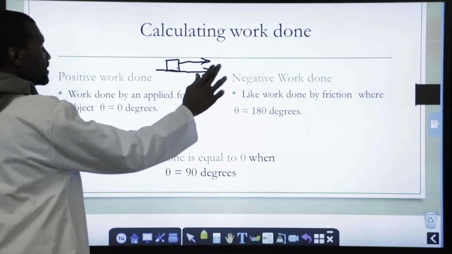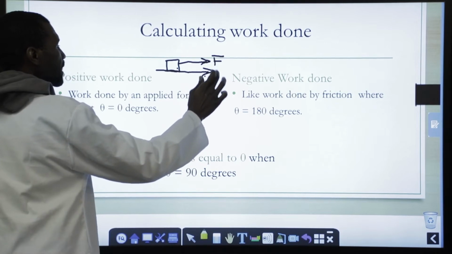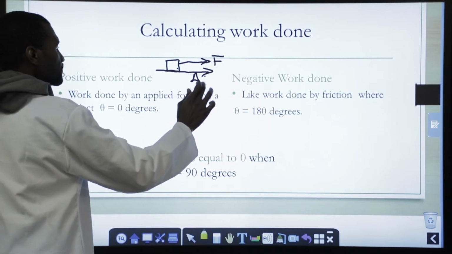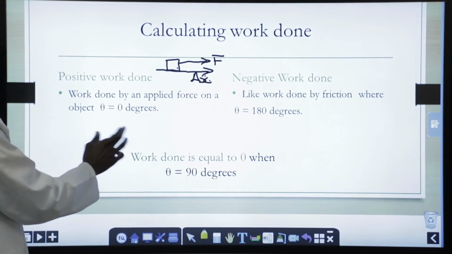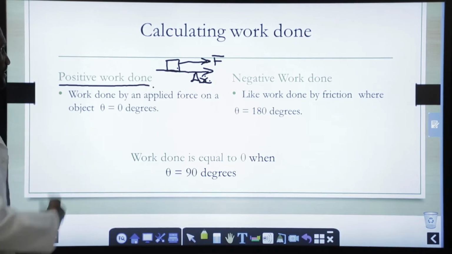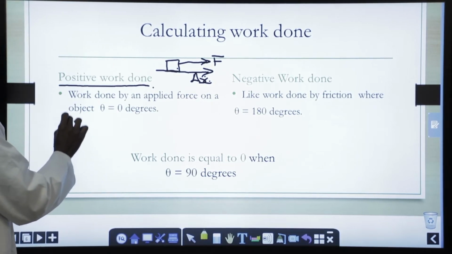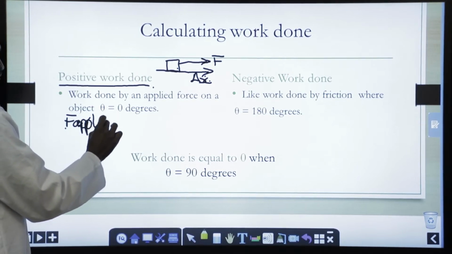If the angle is 0, like the applied force is parallel to the direction of the movement of the object, then we know that there is positive work done. Like in an instance where you have F applied.